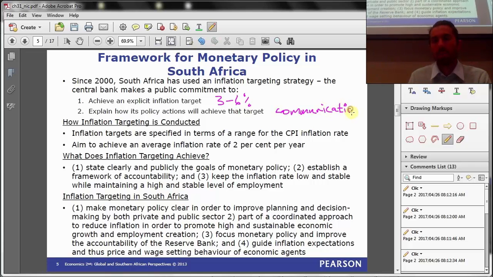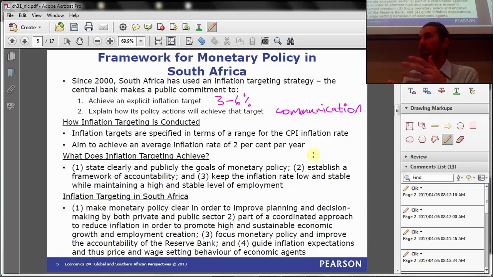Okay, so the Reserve Bank puts a lot of effort into communicating what it thinks inflation is going to do in the next couple of months up to the next couple of years, and then makes very clear what its strategy will be if inflation does do what it thinks inflation is going to do. It also suggests what its strategy will be if inflation doesn't do what it's going to do, right?